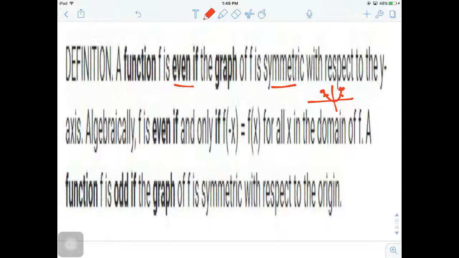And then algebraically, like what we did, you can substitute the negative x inside, and if you get the same value back, then you're going to have an even function. And it's odd if the graph is symmetric with respect to the origin, for example, something like this. So you're going to have opposites here. So that's the odd function, okay?